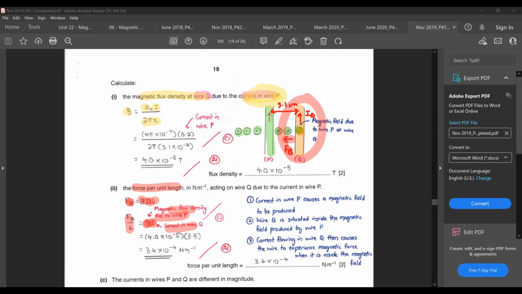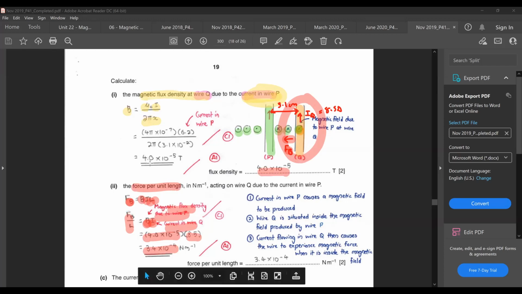Your flux density due to wire P was 4 times 10 power minus 5, which you have here. Your current inside the wire is 8.5 ampere, which is this one. Then you'll be able to get the answer. Okay. All right, so this one should be okay.